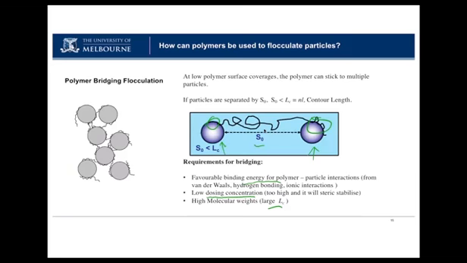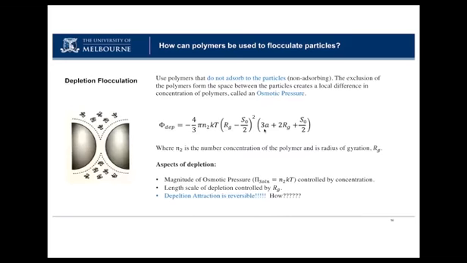And so the final way to get polymers to cause particles to stick together is to have them not adsorb to the surface. So if you have polymers that don't adsorb to a particle, you get a different type of thermodynamic force called a depletion force. And what's happening here is it's another lens.